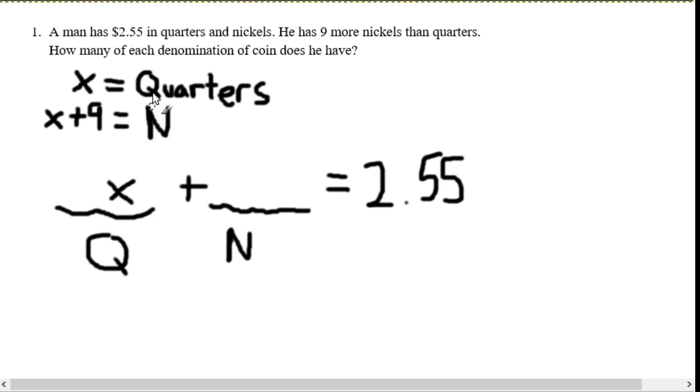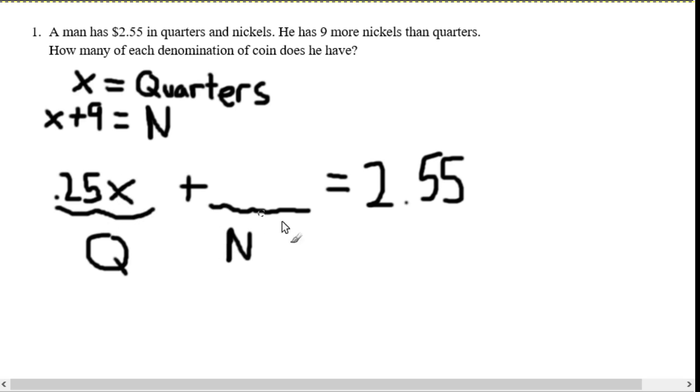If I have, for example, 4 quarters, that means I have $1. How did I get that? I take 0.25 times the number of quarters I have. So this is going to be 0.25 times x. That tells me how much money I have based on how many quarters I have.